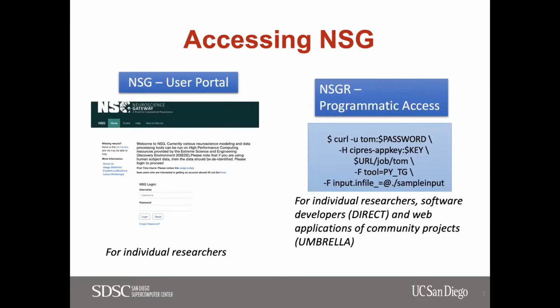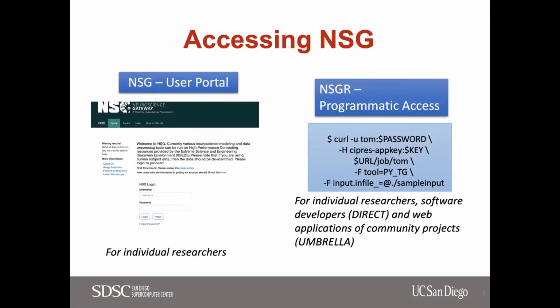So you would have to come and get an account with us, and we call that direct access. Or you could come in through the web applications of community projects where you don't need an account with us, but the admin of the community project would have an account with us and will just direct the jobs from the web application directly to the NSG on behalf of the community project. So those are the two ways of using the programmatic access.